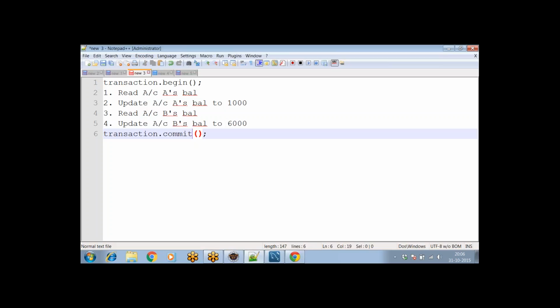We can use this transaction object for this purpose. So how can you obtain this transaction object?